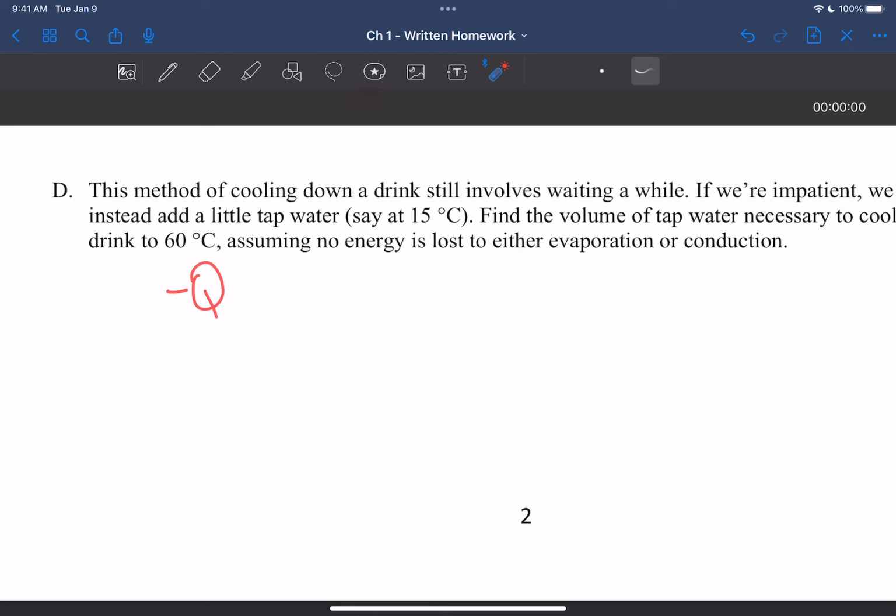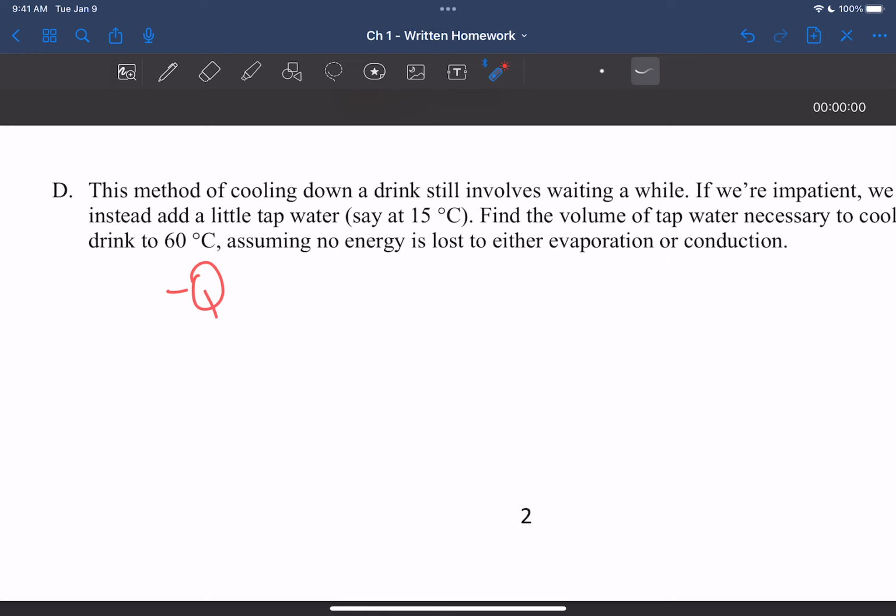So it's like, all right, I have 80 degrees Celsius, let me give some to my cold water so that we can come to an agreement at 60 degrees Celsius. That's what's going on here. The 80 degrees Celsius hot coffee is going to say, well, I'll give some of my energy to the cold water, as long as we both come to that 60 degrees Celsius state.